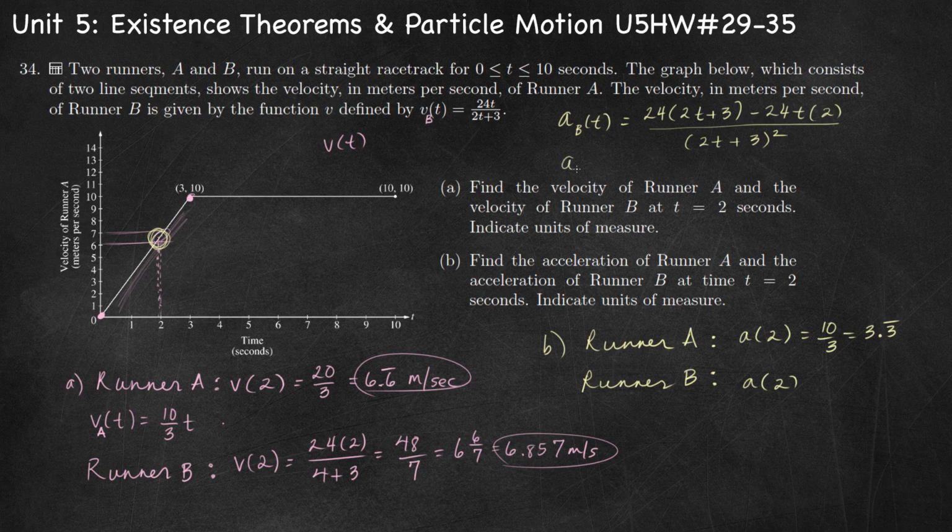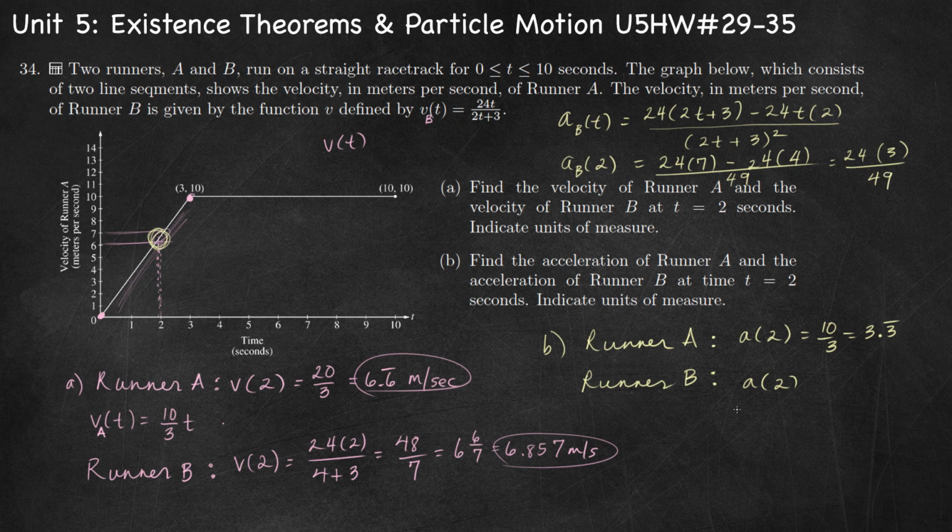So the acceleration when t is 2, let's do 2 times 2 is 4 plus 3 is 7. 24 times 7, okay, maybe I'll get the calculator out for that. 24 times 7 minus, and then here we have 24 times 4, and then over 7 squared, so over 49. I can factor a 24 out of the top, might make it a little bit easier. So it's 24 times 7 minus 4, and then over 49.